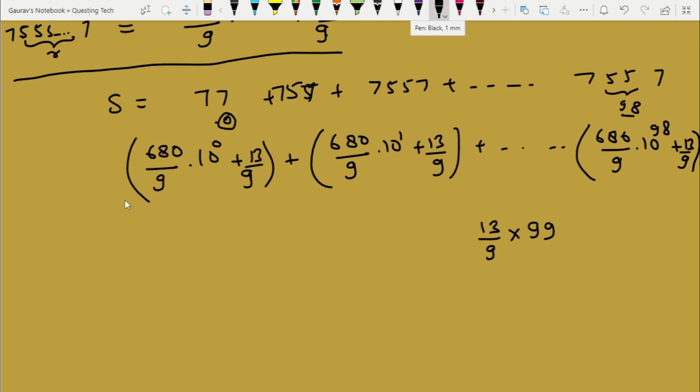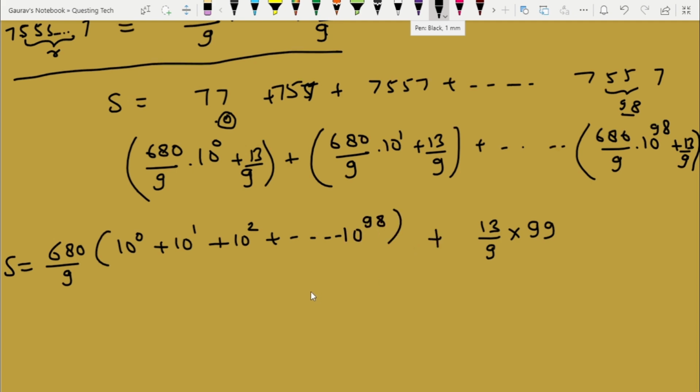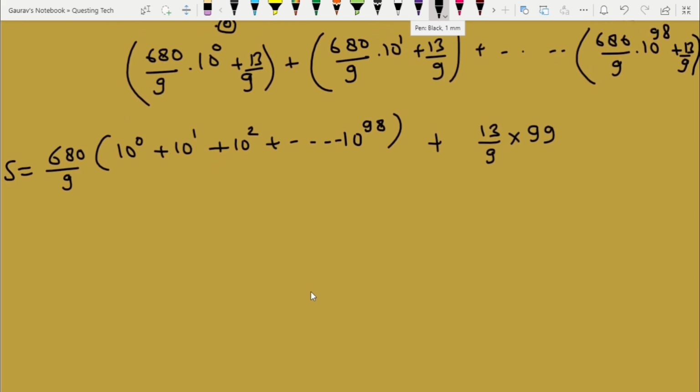And for the other terms, can we take out 680 by 9 common? Yes, we can. 680 divided by 9 comes out here, and this is 10 raised to power 0 plus 10 raised to power 1, again a GP, up to 10 raised to power 98. So we can calculate this one also.